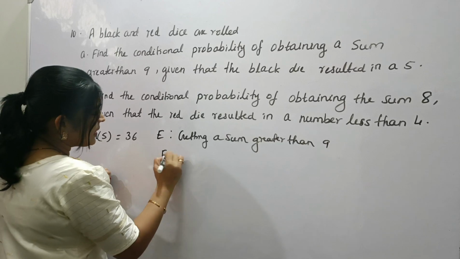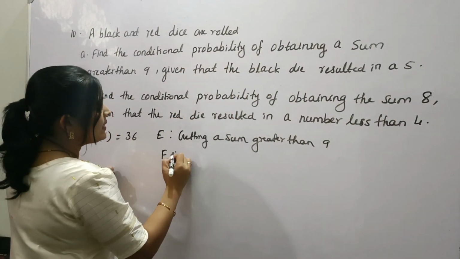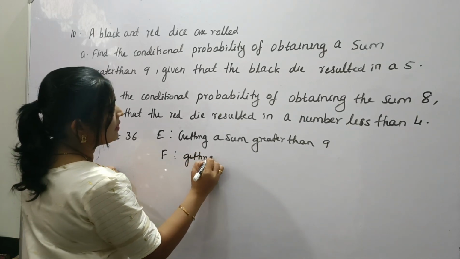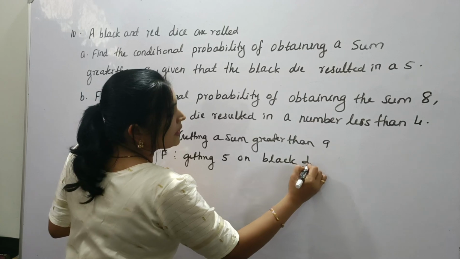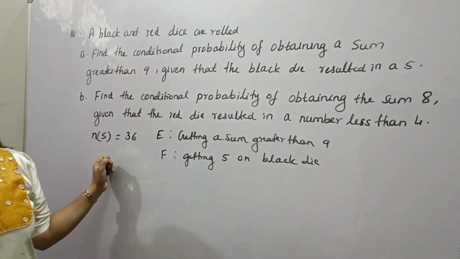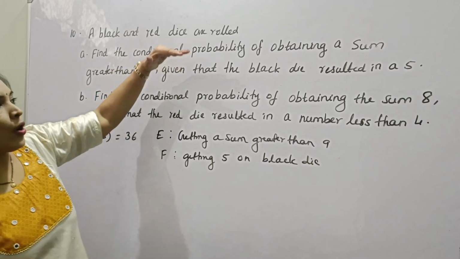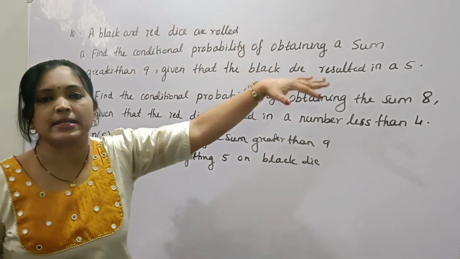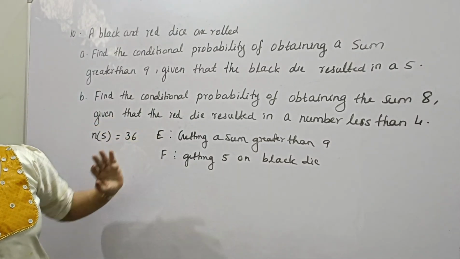Next, given that another event, F be the event getting 5 on black die. Now, we have to find probability of obtaining a sum greater than 9 given that black die resulted in a 5. That is, we have to find probability of E given F.